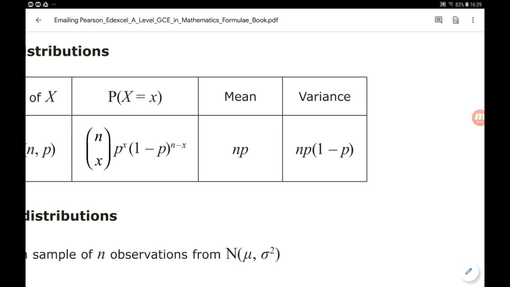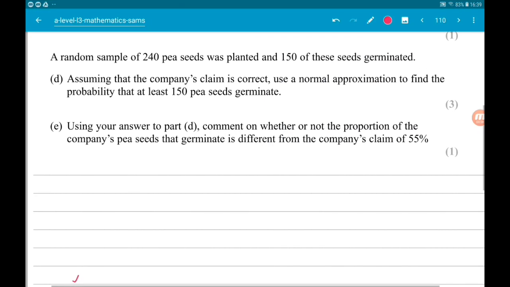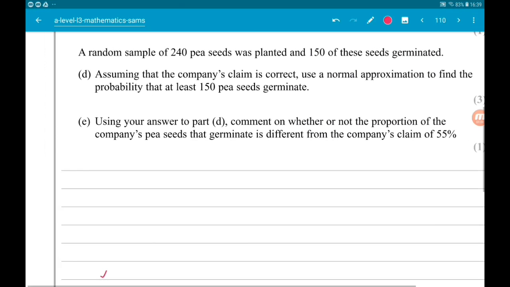So, for us, mu is going to be n times p. So n is 240 here, and p is 0.55.